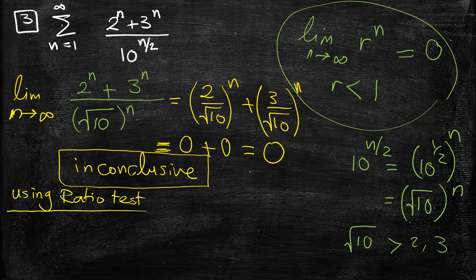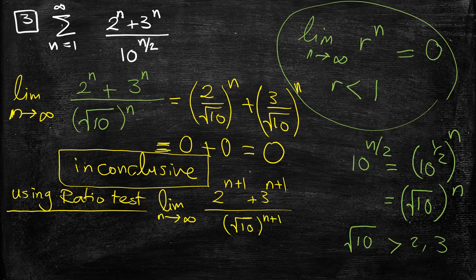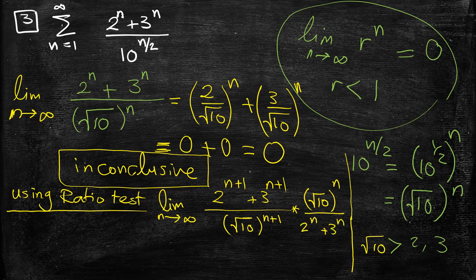The limit as n approaches infinity of a_(n+1), which is (2 power n plus 1 plus 3 power n plus 1) divided by square root of 10 to the power n plus 1, divided by a_n, multiplied by the reciprocal, root 10 to the power n divided by (2 power n plus 3 power n).